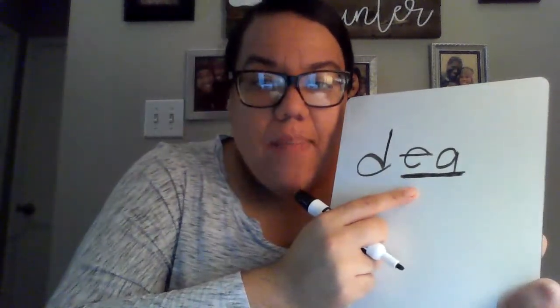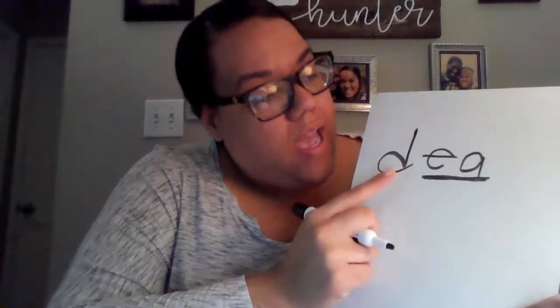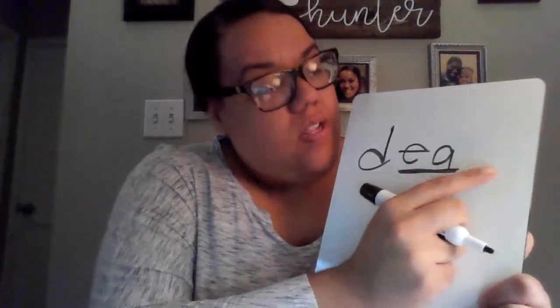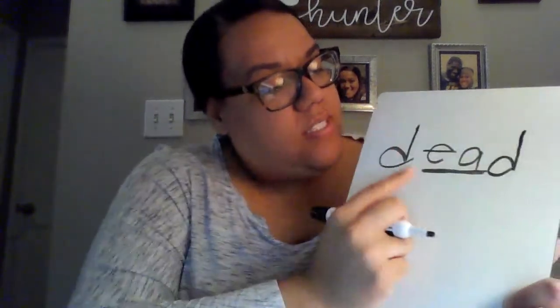What two letters are going to represent my sound today? EA. Very good. And remember, when I'm working with a specific spelling pattern, I need to underline that pattern so I can see it. So I have D, EA. What's my last sound? D. Very good. Dead. Very good.